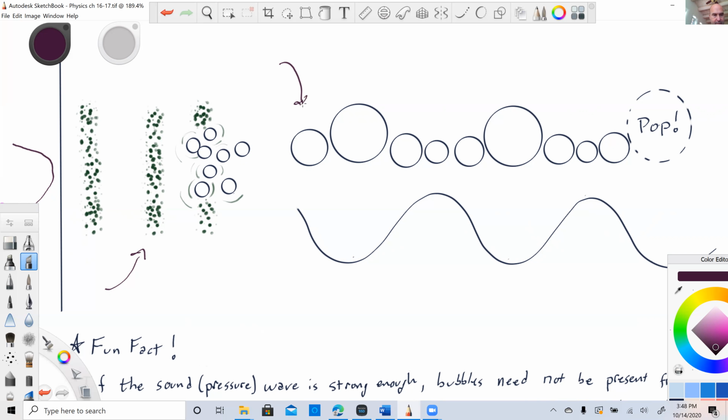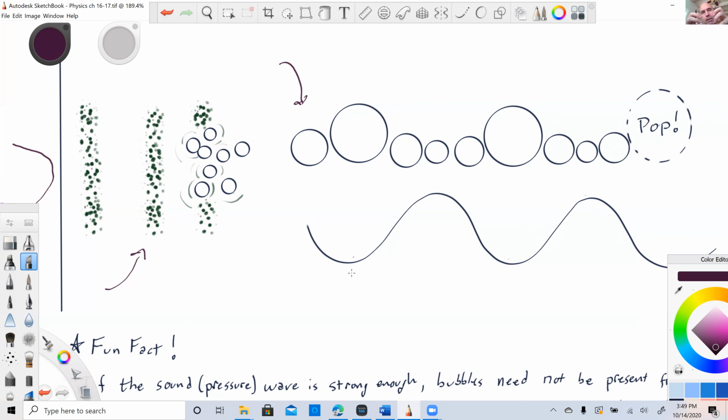We start, let me just erase a little bit more of that. We start with the bubble at its normal, kind of undisturbed size. Then we rarefy the water, let's say it's just sitting in water. We rarefy the water around it.